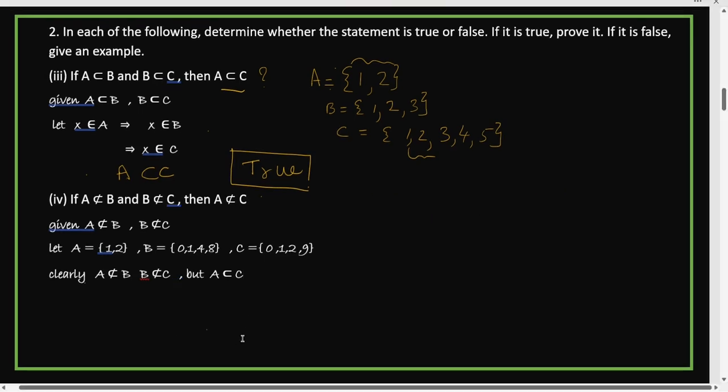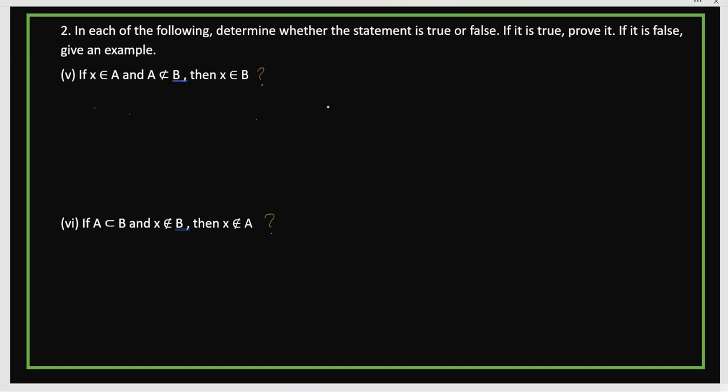We'll move to the next question. In this question, if X belongs to A and A is not a subset of B, then X belongs to B. Verify the statement. So we'll take an example. Let A equal {0, 1}.